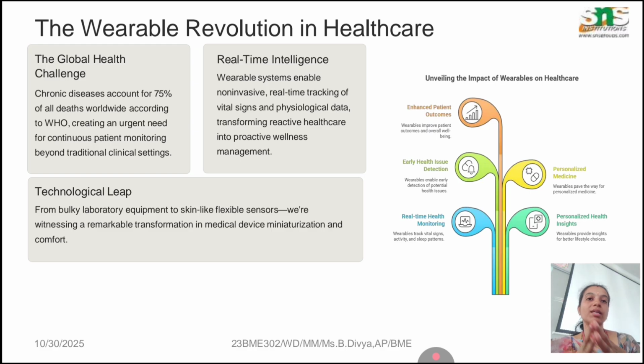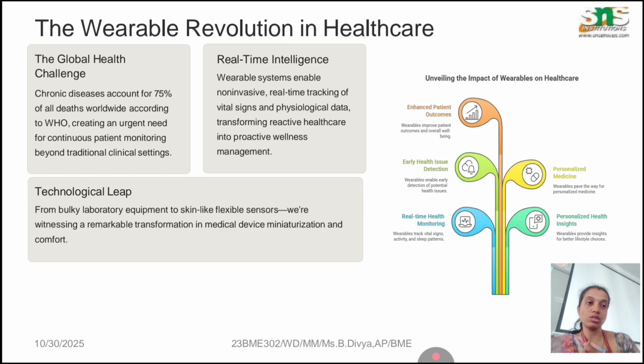What the global health challenge tells us is that the World Health Organization has a status that 75% of the patients die because there is no immediate care or immediate treatment.